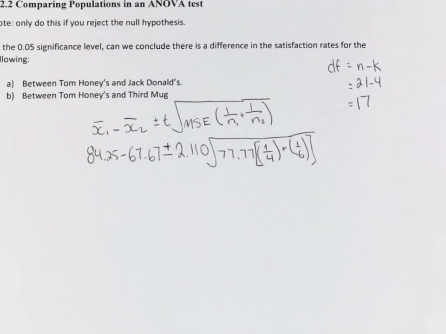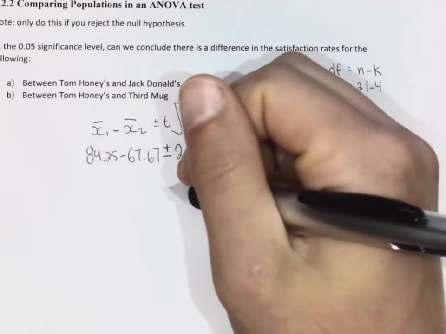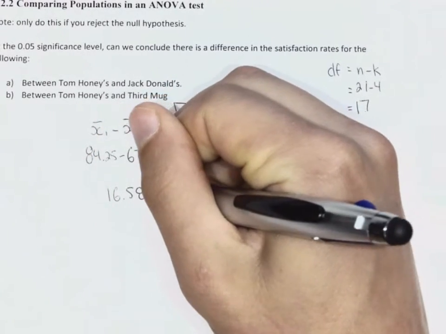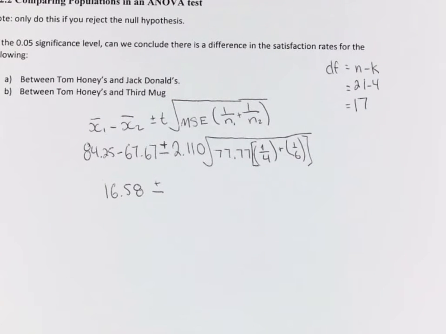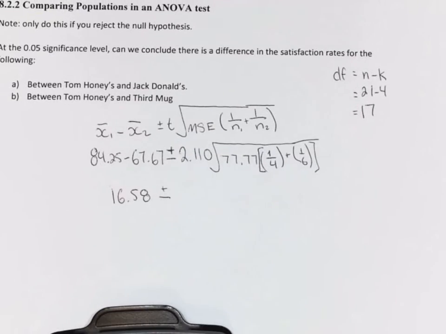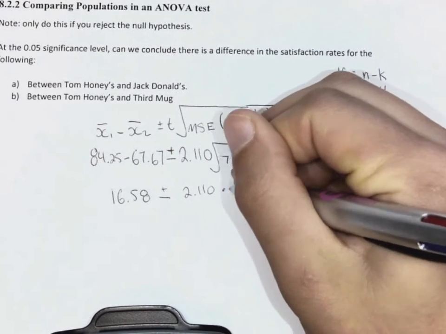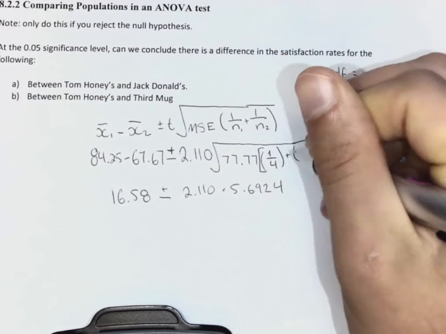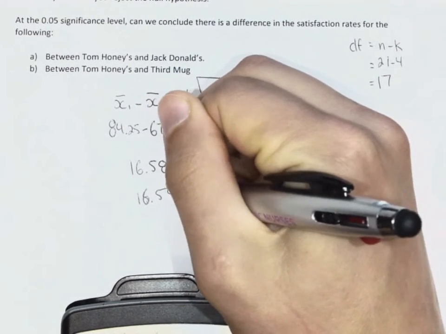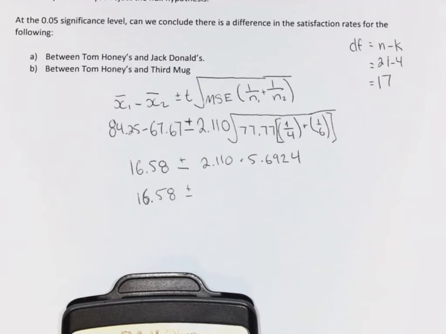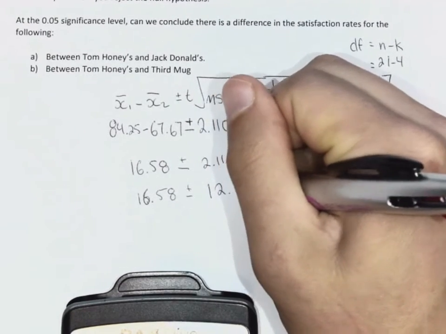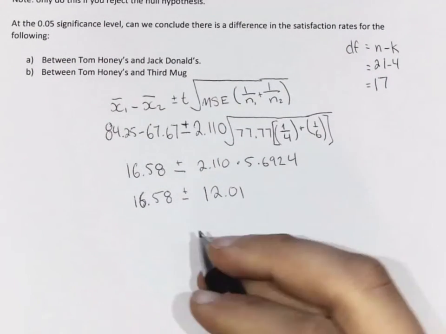And we can work this out. We have 16.58 plus minus 12.01.